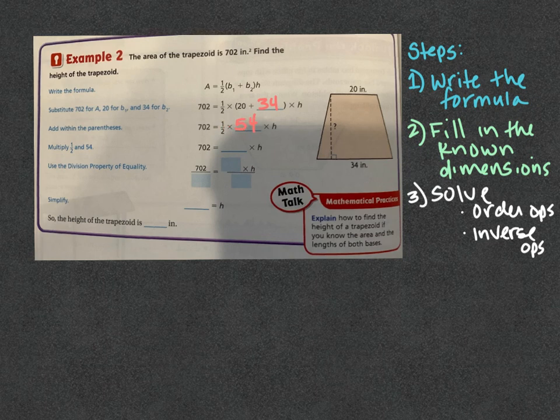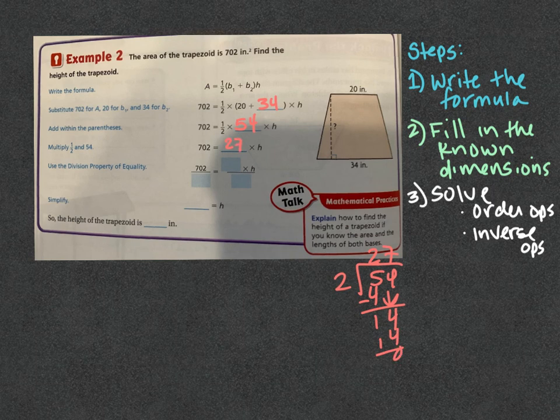And 1/2 times 54, that's 54 cut in half, so I'll do 54 divided by 2. That's going to go in 2 times to give me 4, and 2 goes into 14 7 times. So this will be 27.